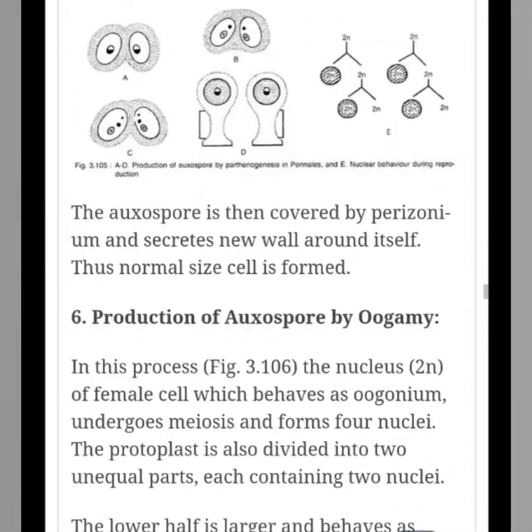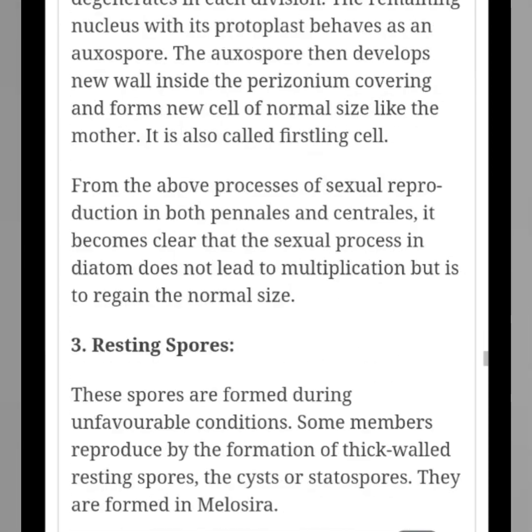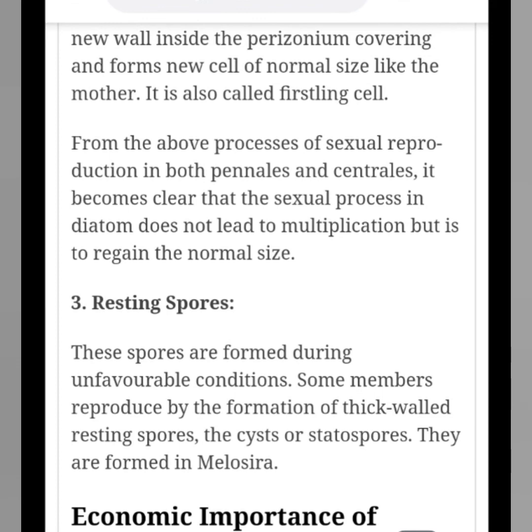Just remember, because you can see clearly from the sexual reproduction that it is a regaining of normal size rather than multiplication. Whereas in vegetative reproduction, you can see cell division occurs, so multiplication occurs.